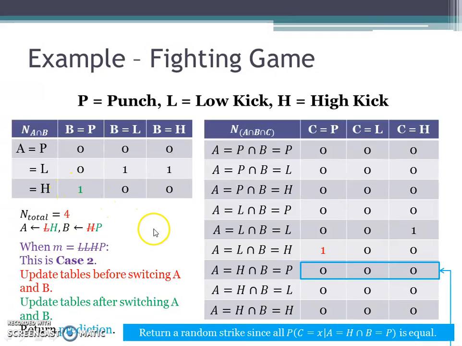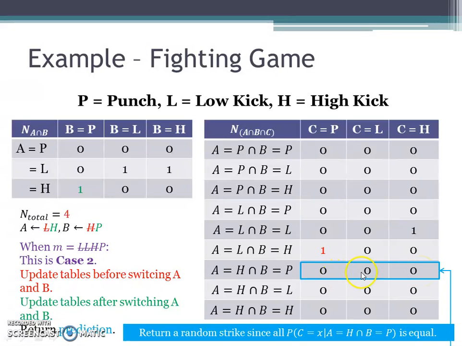Now to make the prediction, again what do we check? Well, we go to this table. We want to calculate the probability, given the fact that our previous strike is H and P, of what the next strike is that the player would most likely use.